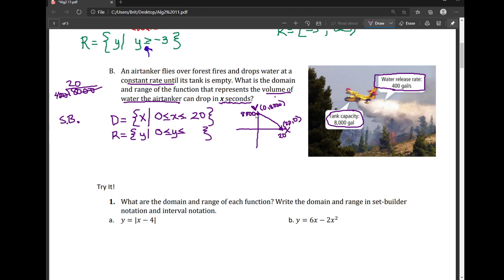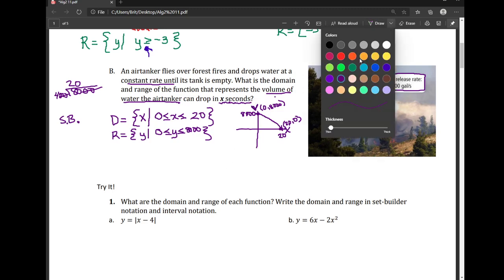And then the largest y value is 8,000. Some people are tempted to flip around the 0 and the 8,000 because they tend to go from left to right. Just remember the y-axis, or our range axis, is going to be talking about from the bottom to the top.